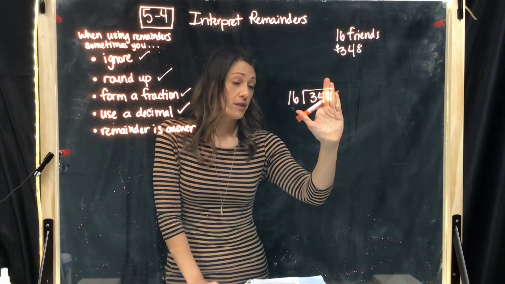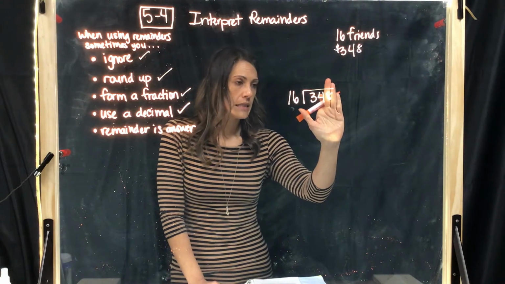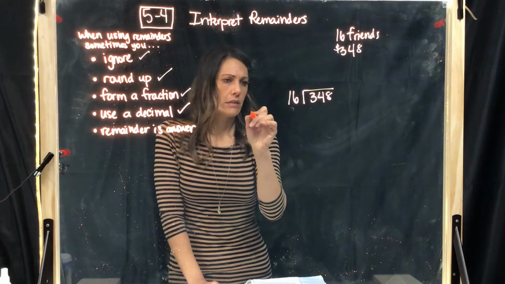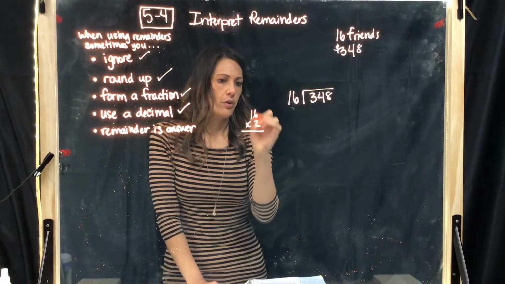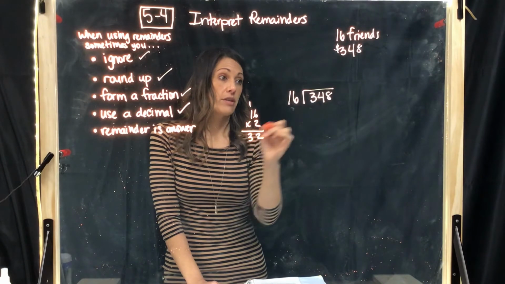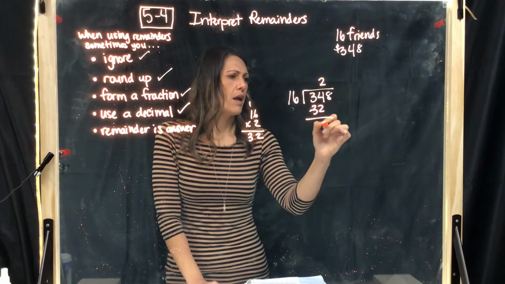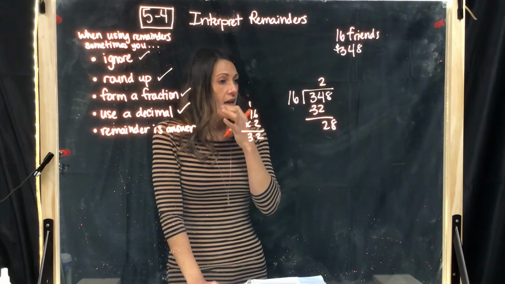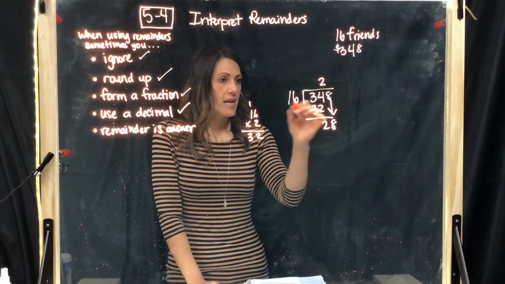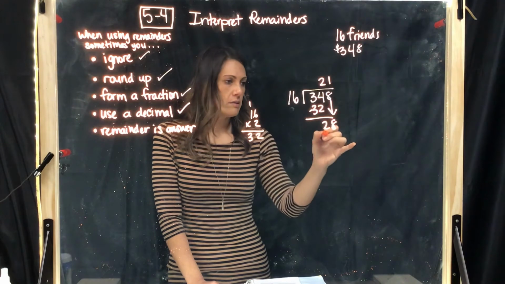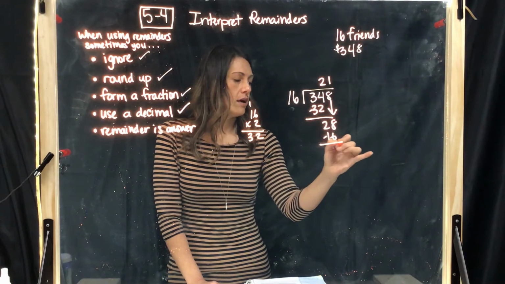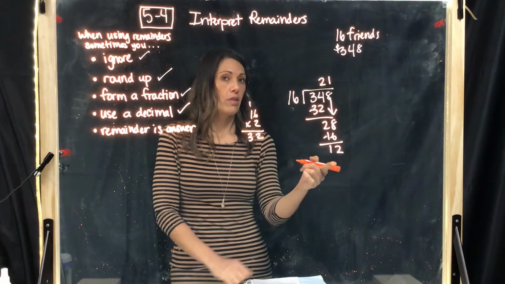Doesn't go into 3, does go into 34. 16 times, let's see, what 16 times 2 would give me 32, so that works. 16 times 2 is 32, and I have 28 left over. When I bring down my 8, 16 goes into 28 just once, and I would get 12 left over.